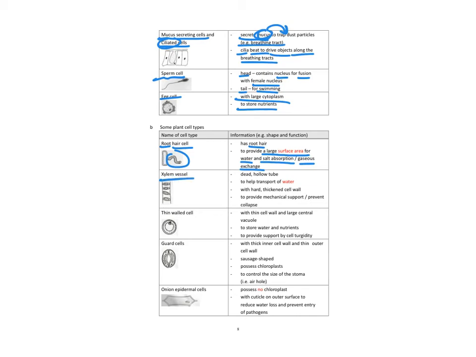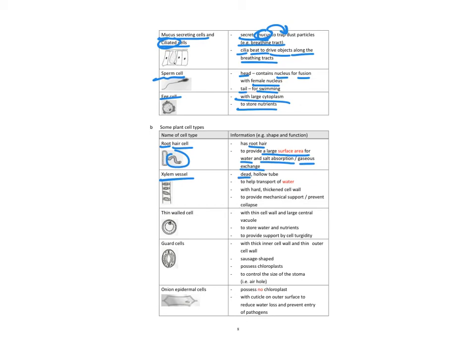Xylem vessels are cells that are present in the veins of the leaves, as well as what we call the vascular bundles, which you have learned in Form 1, inside the stem or the leaves of the plant. They are dead cells.